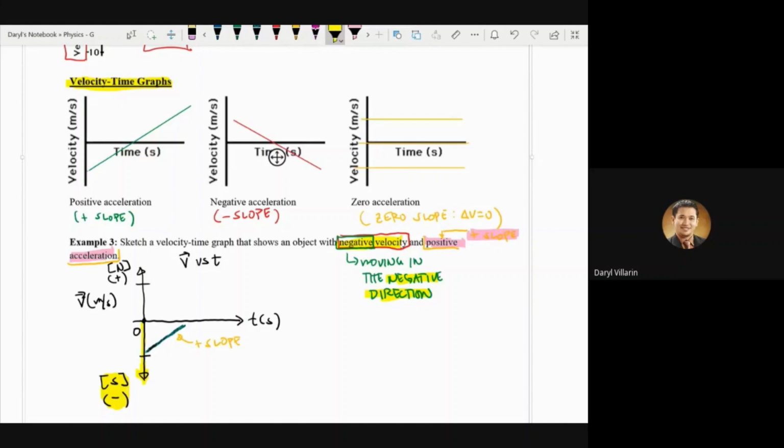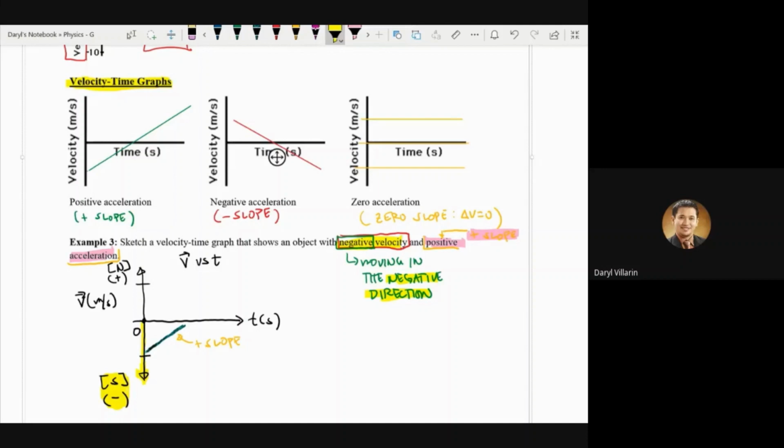So negative 1 meter per second does not have a greater magnitude compared to negative 2 meters per second. The negative sign only indicates that they are moving in the south direction, or west. We just use the negative or positive sign to indicate direction, and that is for the simplicity of our algebra, for our computation.